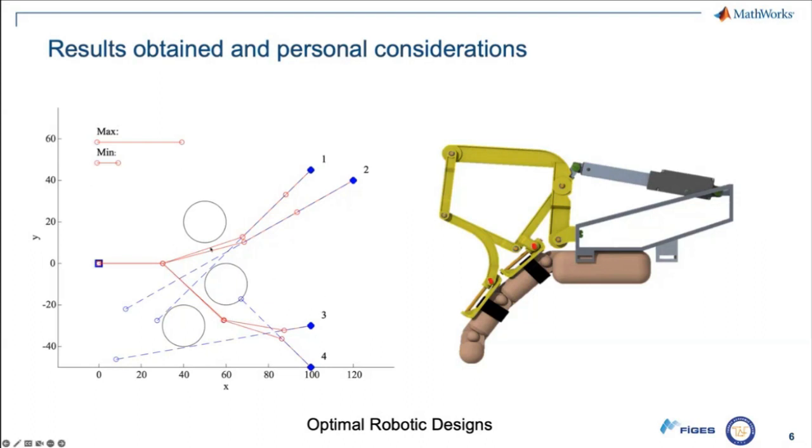On the left-hand side, we have a similar idea on a soft-growing robot. So imagine that we have this robot that grows from this box, and it can extend its kinematics chain until the end of the kinematics chain. And we want this robot to reach, for example, target number 1, 2, 3, and 4 with this given specific orientation by avoiding these obstacles.